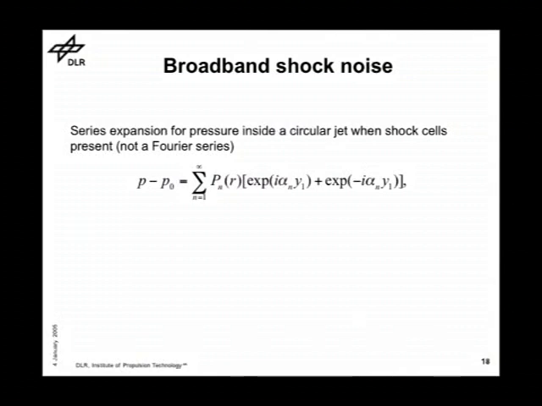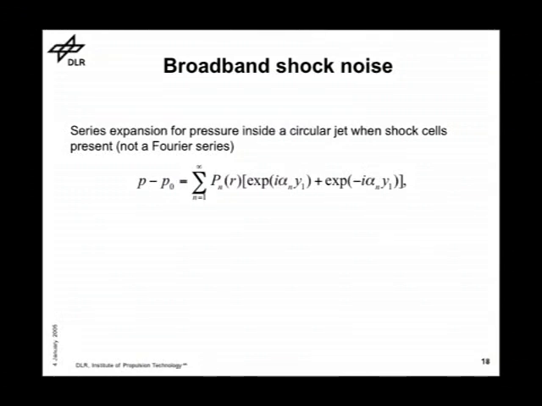Now broadband shock noise. That was the topic of our talk. The broadband shock noise is generated by the almost periodic flow field in a jet. And a circular jet, or the mean pressure distribution in the circular jet with shock cells, can be expressed in terms of a series expansion, which is not a Fourier series expansion for a round jet.